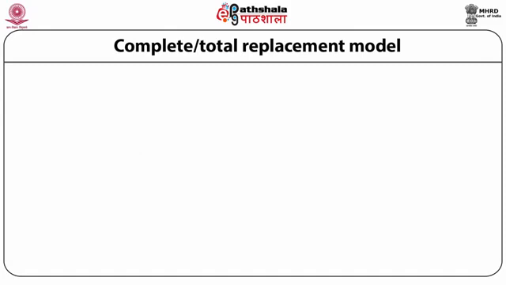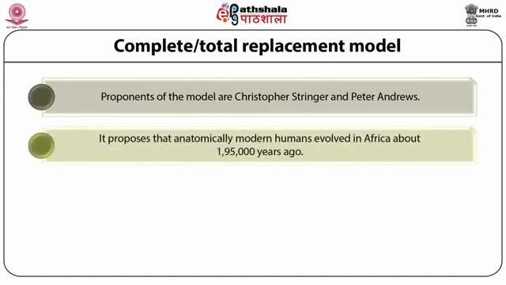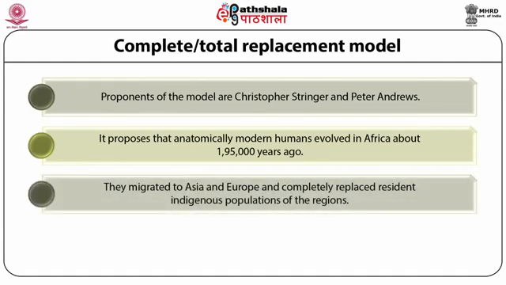Complete or total replacement model. This model was proposed by British anthropologists Christopher Stringer and Peter Andrews. This hypothesis says that Homo sapiens evolved in Africa around 200,000 years ago. It proposes that anatomically modern human populations emerged only in the African continent, and then fully modern humans migrated to Asia and Europe.